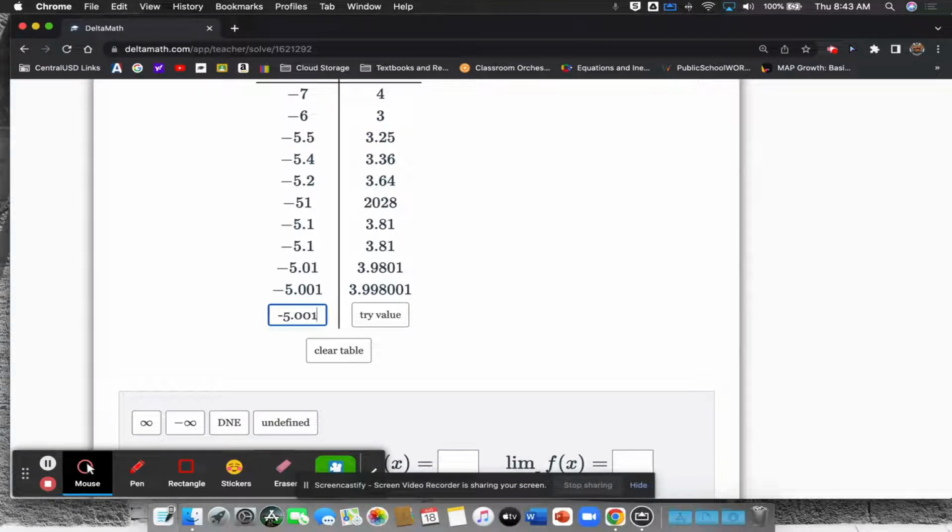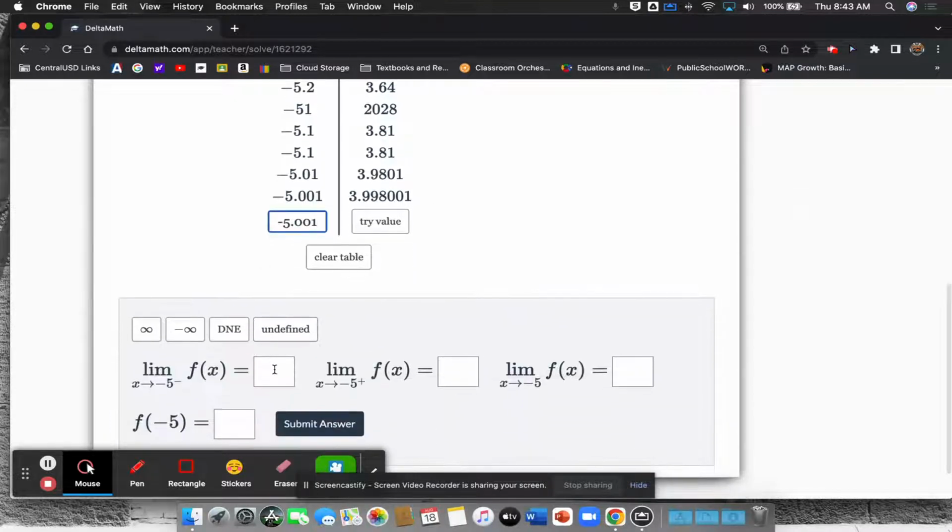Right? So what number does it look like I'm approaching from the left side, from the negative side? 4, right? It looks like I'm approaching 4. If I put another 0 in there, it's probably going to be closer to 4, right? Positive 4. Okay? So I would go down here and say from the negative side, my answer is 4.